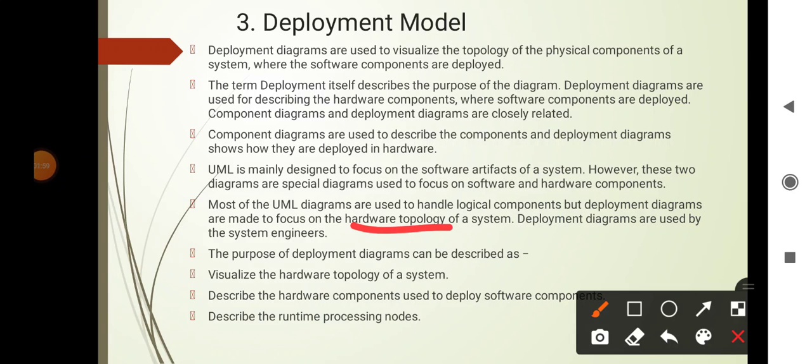These deployment diagrams are used by system engineers, and the purpose of the deployment diagrams can be described as follows: first, it visualizes the hardware topology of the system. Then it also describes the hardware components used to deploy the software components, and last, it describes the runtime processing nodes.